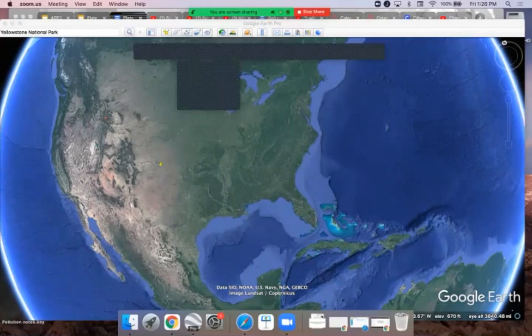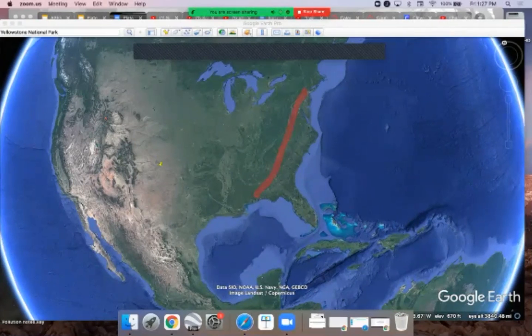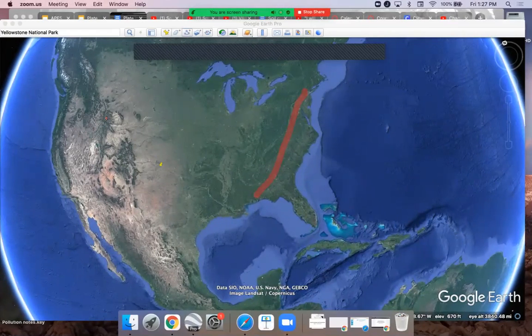And that old mountain range is folded, comes all the way down through here. It's on the coast there. It's folded. That mountain range, you can tell it was pretty high at one time, and there are no volcanic remnants.